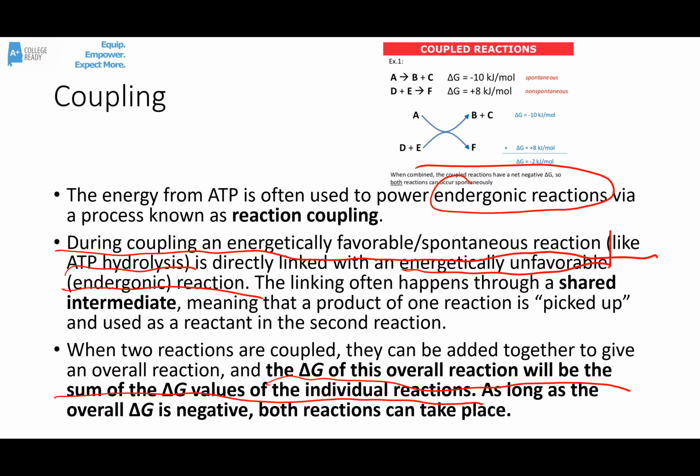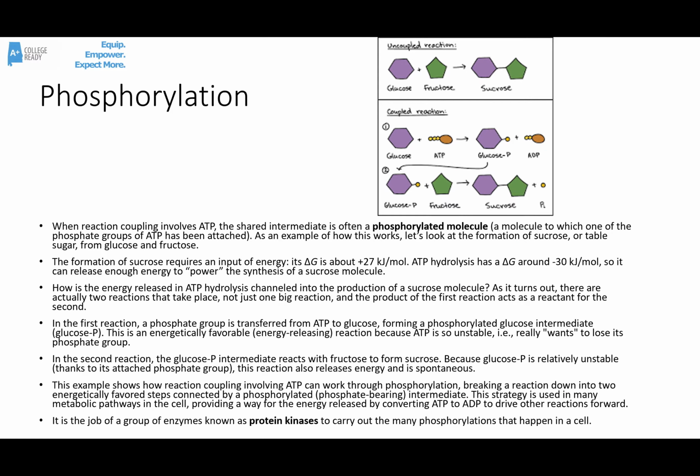And as long as that overall sum of delta G is negative, both reactions can take place, the spontaneous one and the non-spontaneous one. So that's coupling. When an exergonic reaction like ATP hydrolysis is coupled with an endergonic reaction, it provides energy to make that endergonic reaction happen.